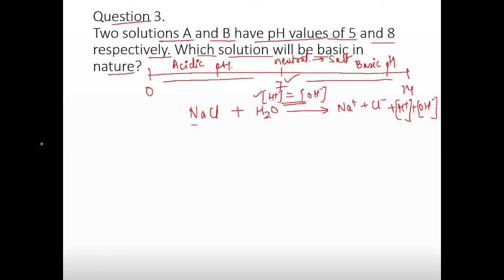Now they have asked which one of these two is basic. So we can write it easily.